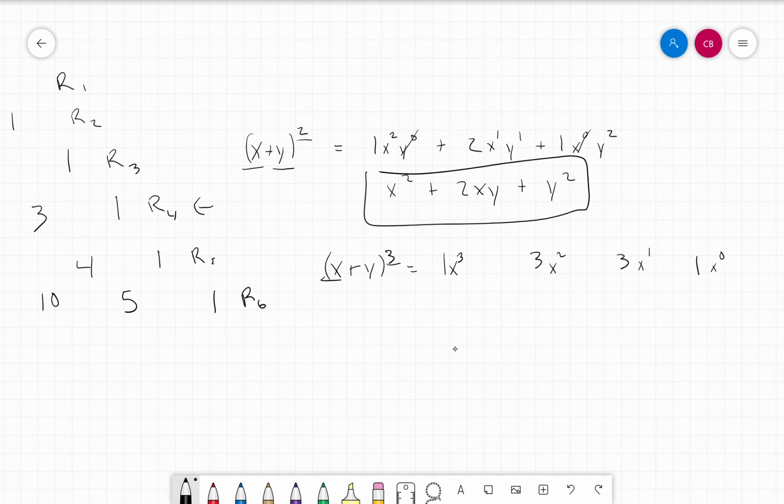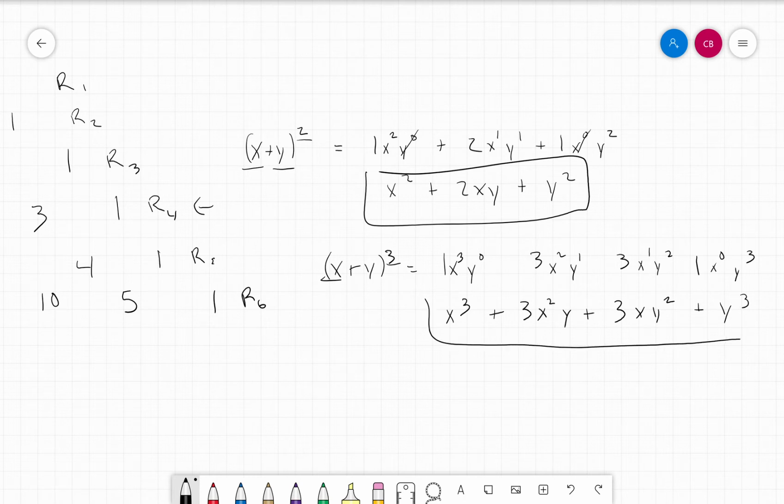And we're going to start with 0, y to the 0, y to the 1, y to the 2, y to the 3, and then this is going to be x to the third. We don't have any signs, so these are positive, plus 3x squared y, plus 3xy squared, plus y cubed. And so that went pretty quickly. Okay, that went a lot faster than if you FOILed it out twice, probably.